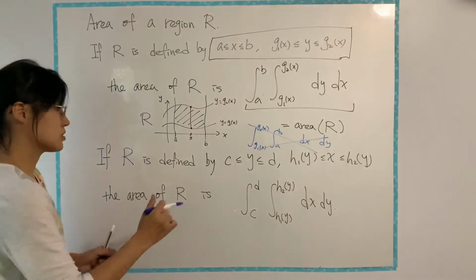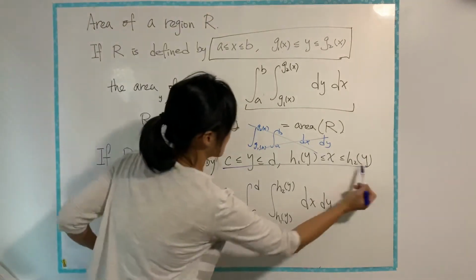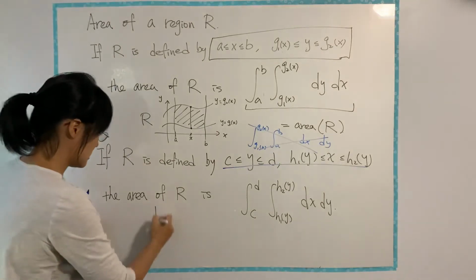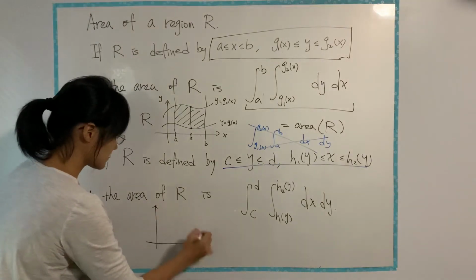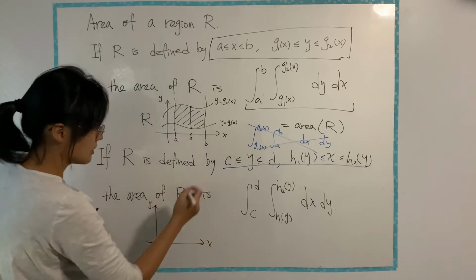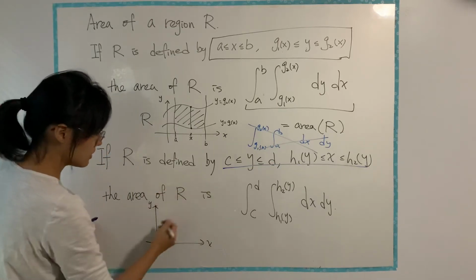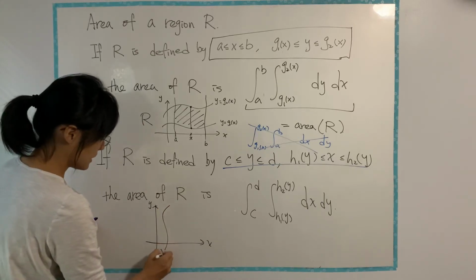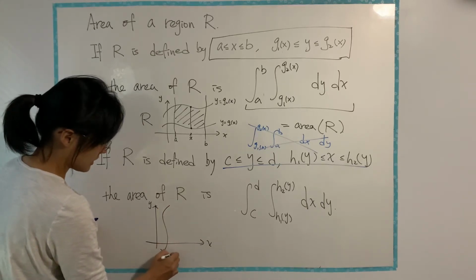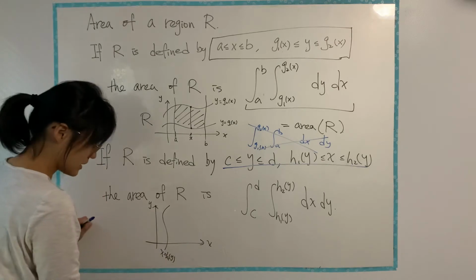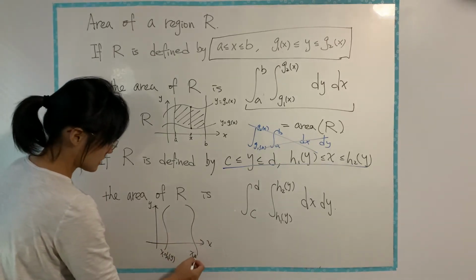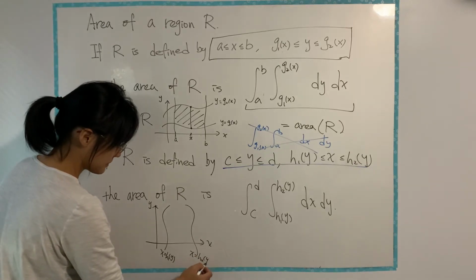So if we look at this, along the x direction, I have a curve x equal to h1 of y, and I have another curve x equal to h2 of y.